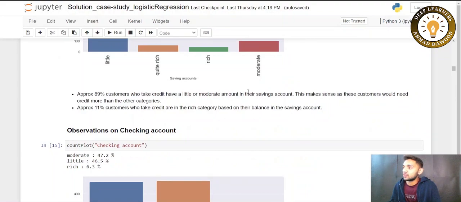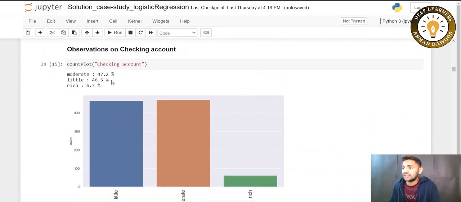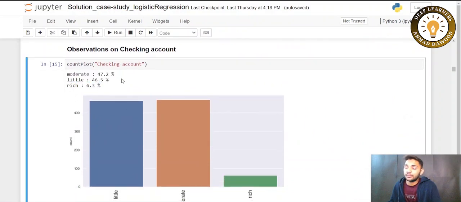Along the way you can write the insights. Checking account, little and moderate, again are very high. The difference between little and moderate is very low here, like 46% little and 47% moderate.